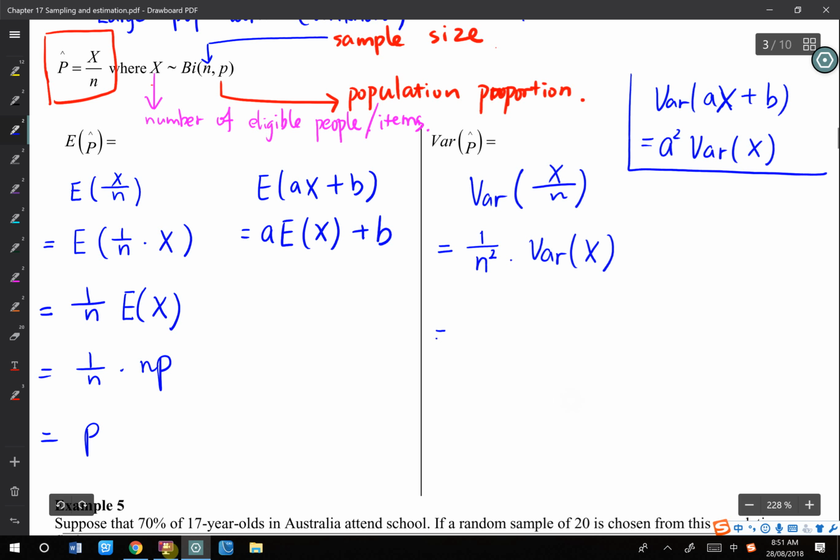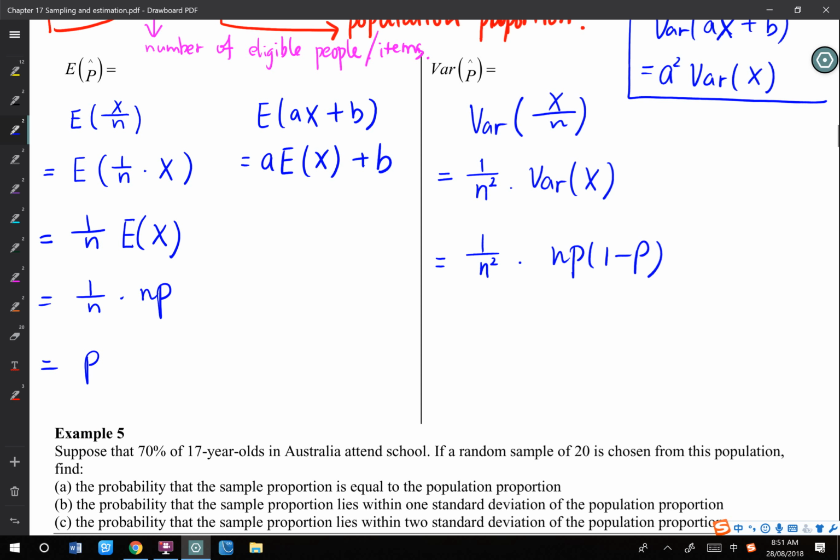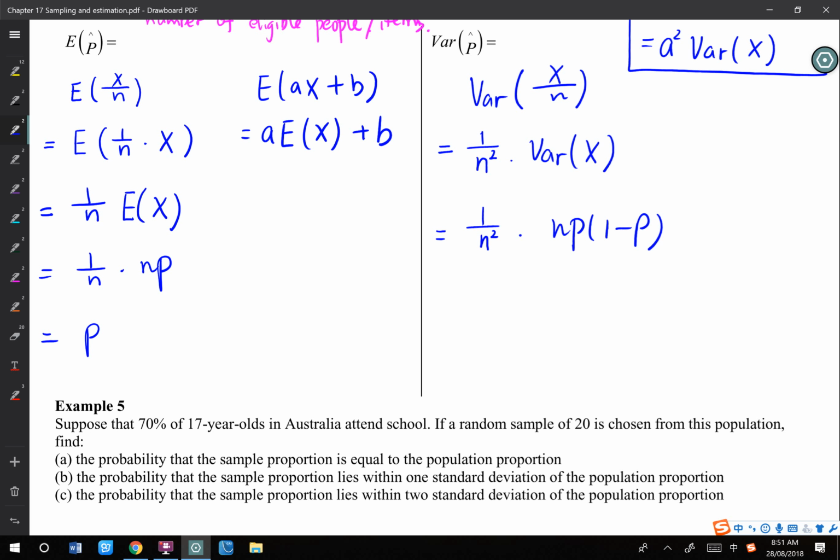What's variance x, everyone? np(1 minus p). Because x is a binomial distribution, variance x will be np(1 minus p). Then you divide that by n squared, and what we have is p(1 minus p) over n.